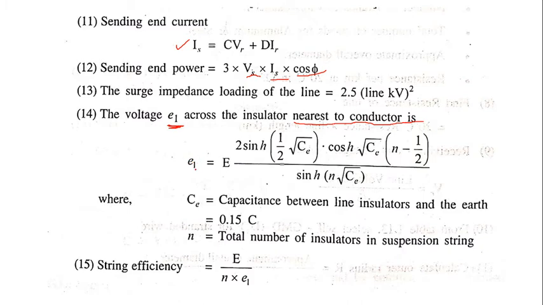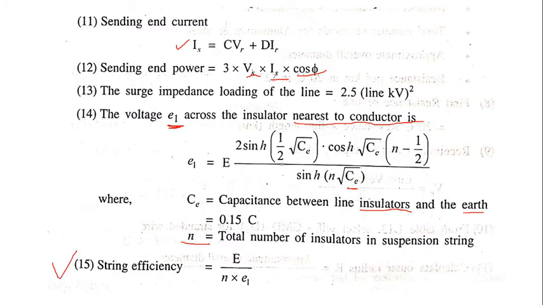So we are finding E1 is equal to E2 sinh of 1 by 2 under root CE into cosh of under root of CE minus 1 by 2 divided by sinh of under root of CE, where CE is defined as the capacitance between insulator and earth, that is normally 0.15 capacitance, and the value of N is the total number of insulators used in the suspension type string.